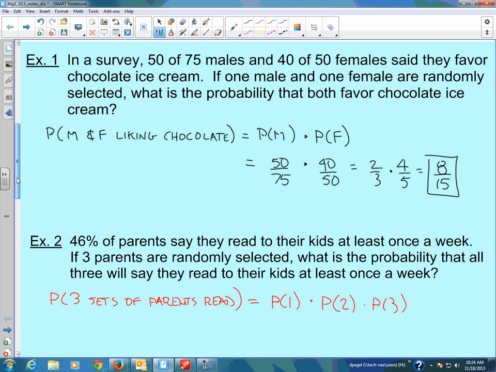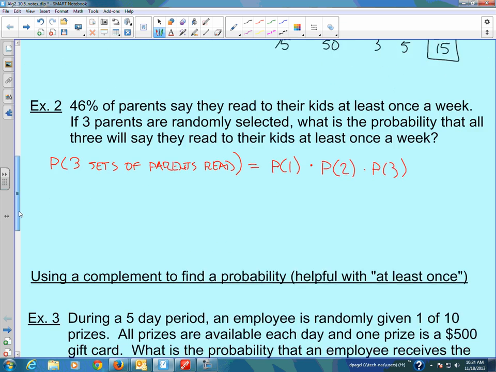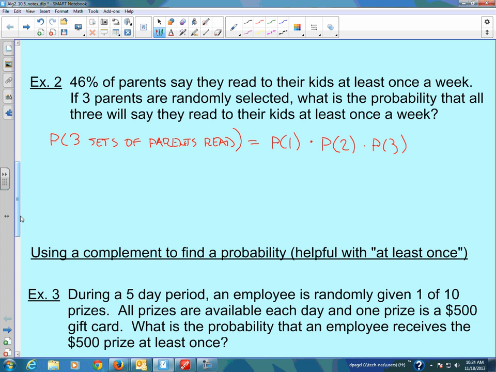Again, we've got an and situation here. So another way of writing it, what about the probability of parent 1 and parent 2 and parent 3 read to their kids at least once a week? So that's what's going on over there. 46%, well, we don't know the numbers, but we know percentage-wise that it's just 46 over 100, and we're doing this 3 times.